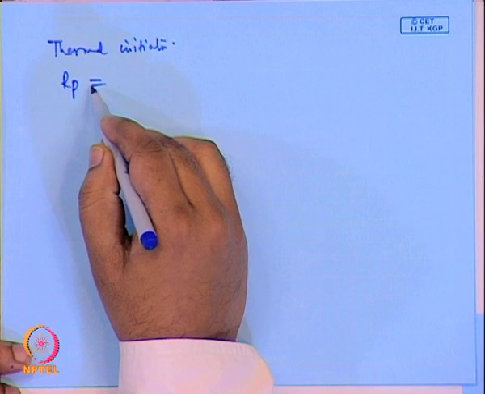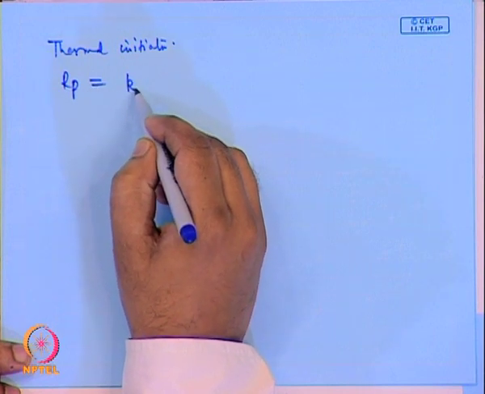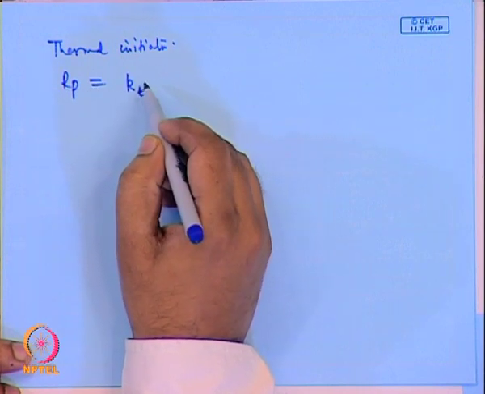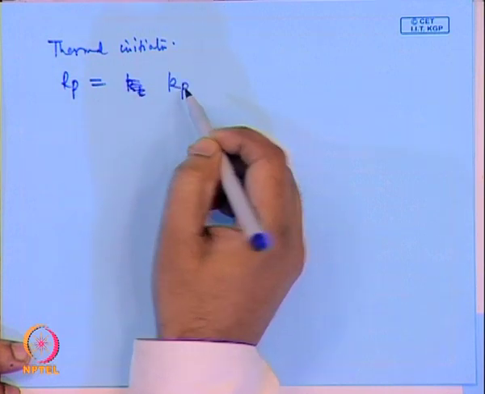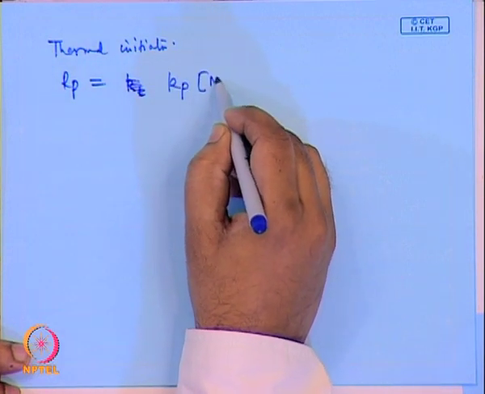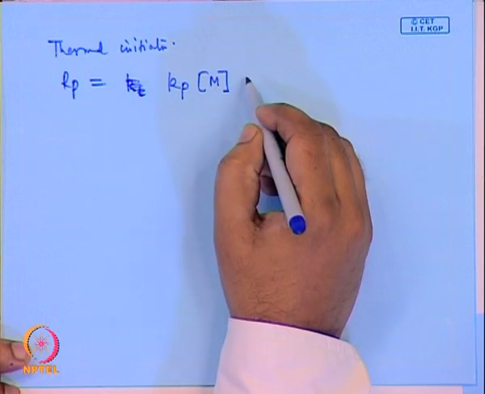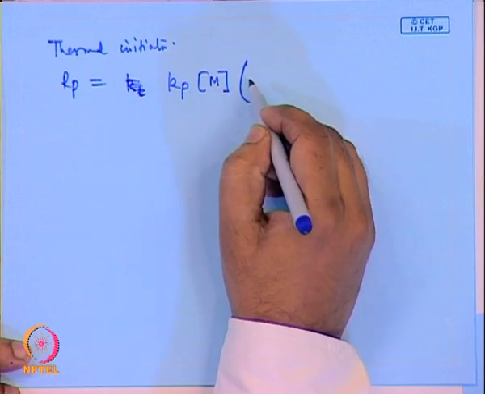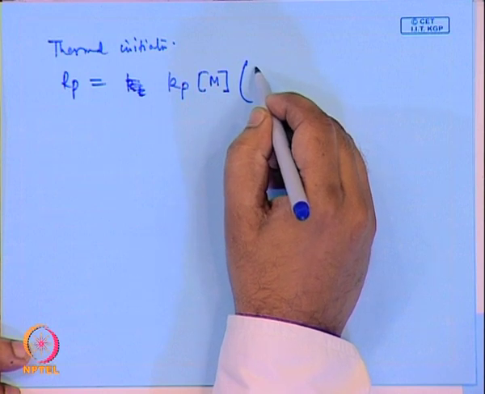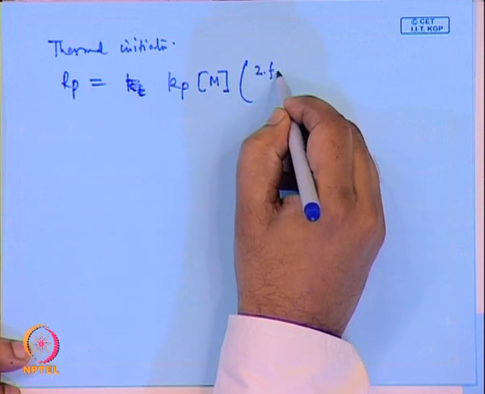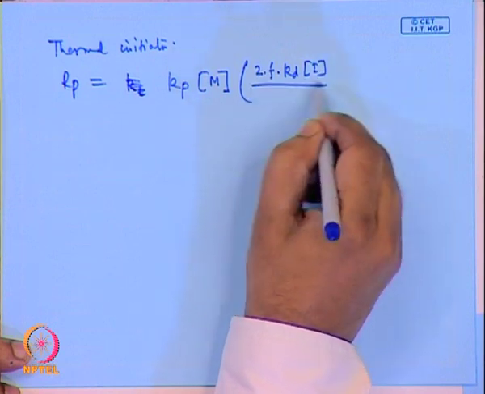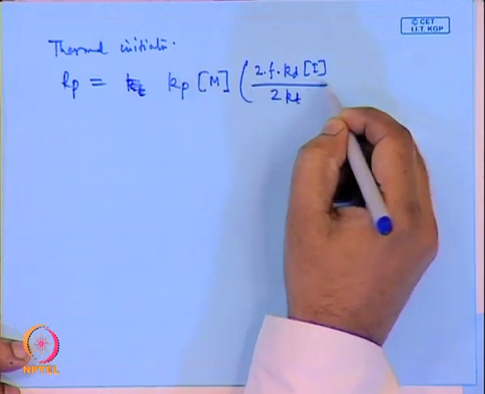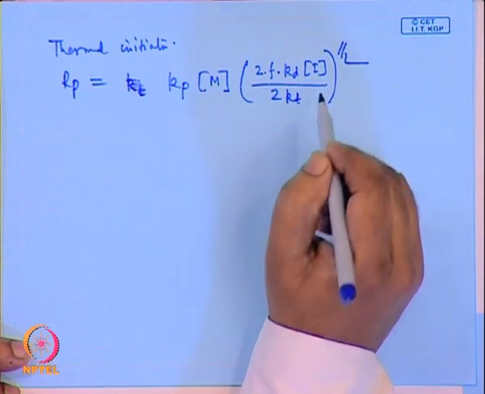it is given by Rp is equal to Kp m, Ri, Ri is twice F Kd I, over twice Kt, to the power half.